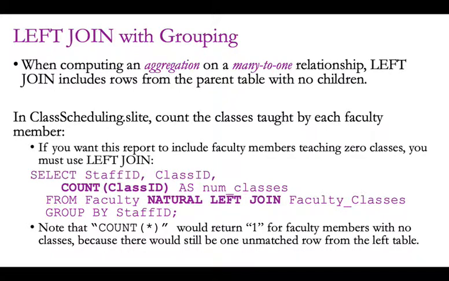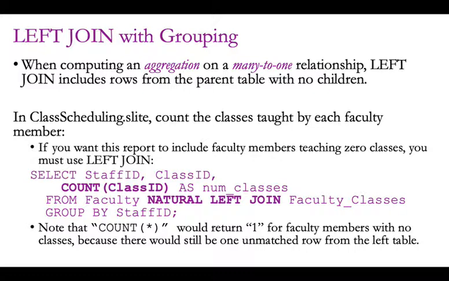This is a different example. In class scheduling, if you want to count up the number of classes taught by each faculty member, but some faculty members don't teach any classes. So you start off with the faculty, and then you do a left join with all the classes. So faculty, natural left join, faculty classes. Notice that I could actually throw natural in there, and that works. And if you group by staff ID, that condenses all the classes for that faculty to one row, and you can count up the classes.